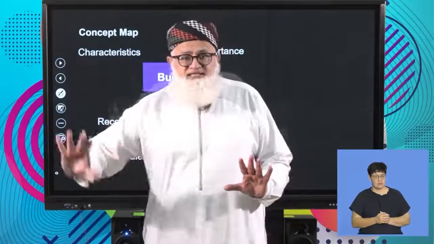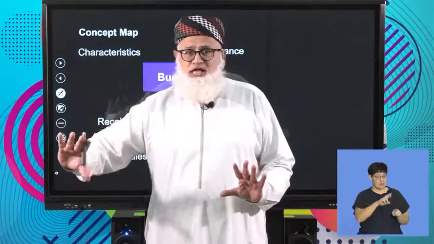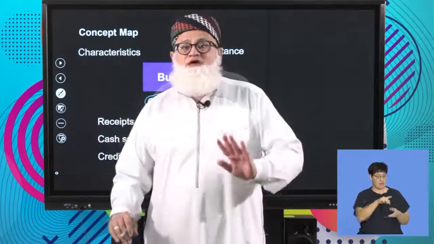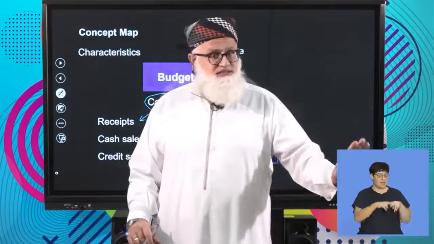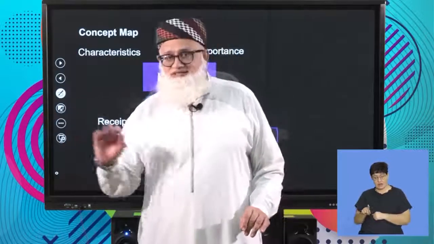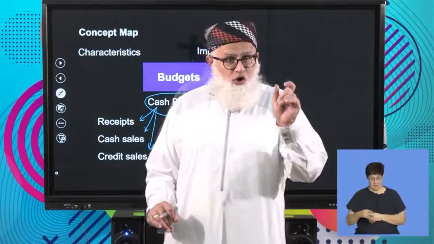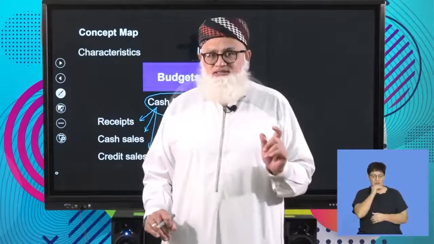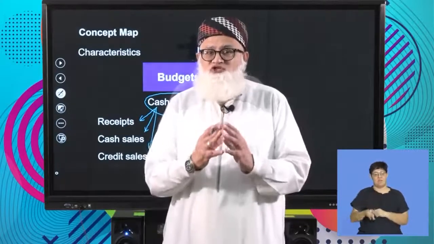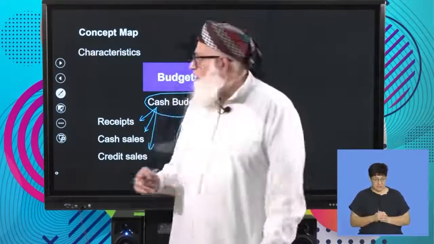If my debtors collection schedule was dependent on credit sales, my creditors' payment schedule will be dependent on credit purchases. So important for the creditors' payment is your credit purchases. Okay? So once we have that sorted out, we can now move on.